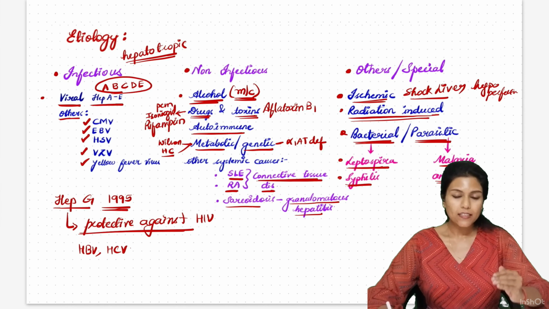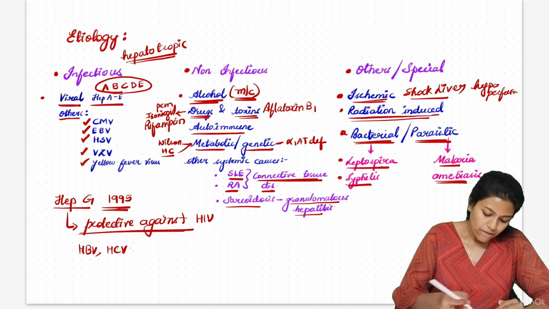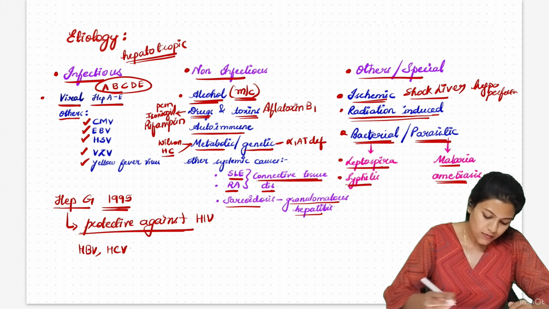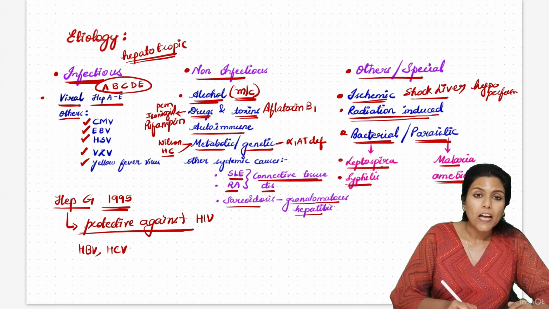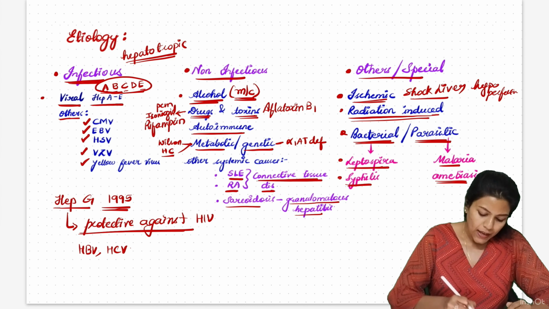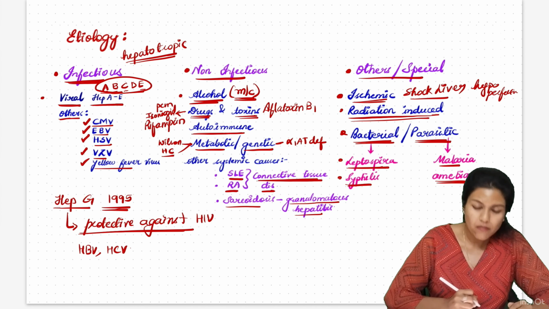Let us again roughly revise the etiology, or the causes of hepatitis, which is divided into infectious, non-infectious, and other causes. Under infectious causes, the hepatotropic viruses are hepatitis A to E, and other viruses like CMV, Epstein-Barr, herpes simplex, varicella zoster, yellow fever viruses.